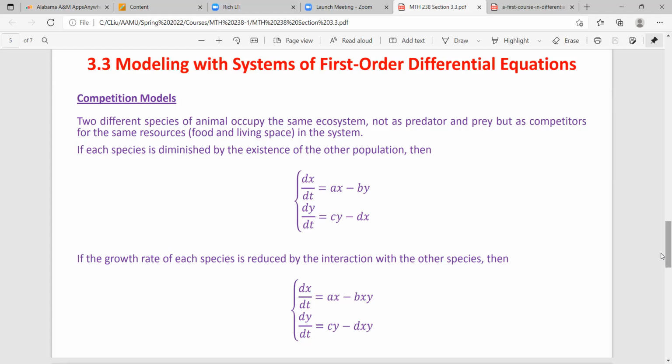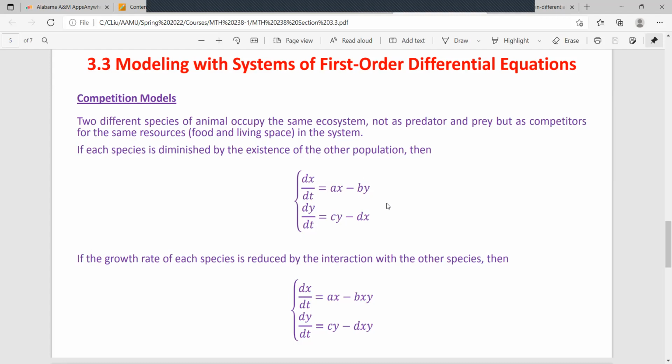So if each species is diminished by the existence of the other population, because of the shortage of natural resources, then the differential equations will be linear instead of non-linear, but they're coupled. The population of one species will affect the population of the other species.